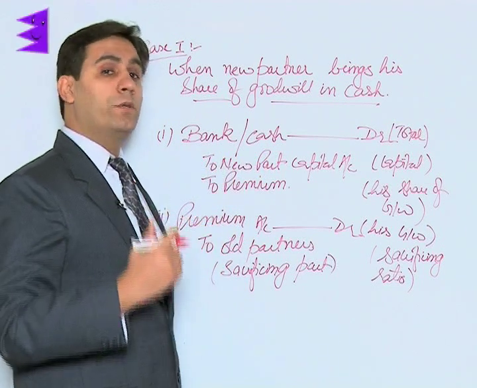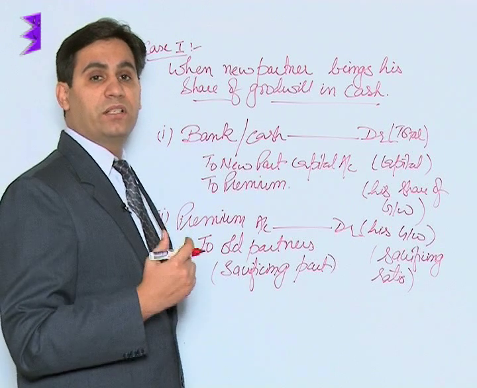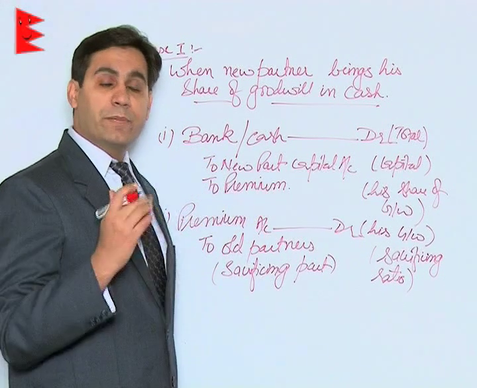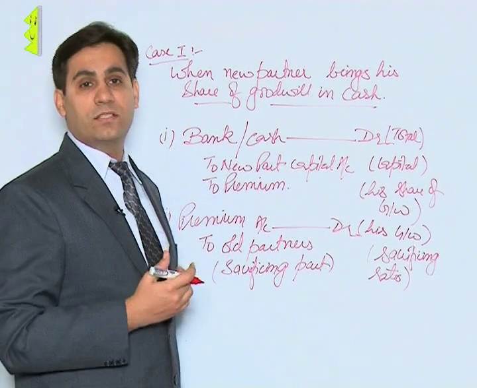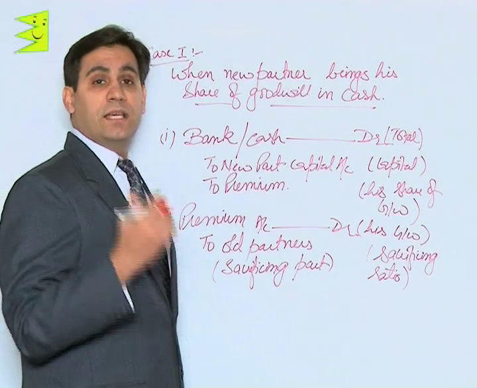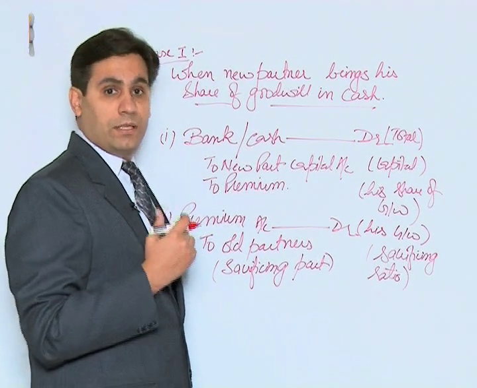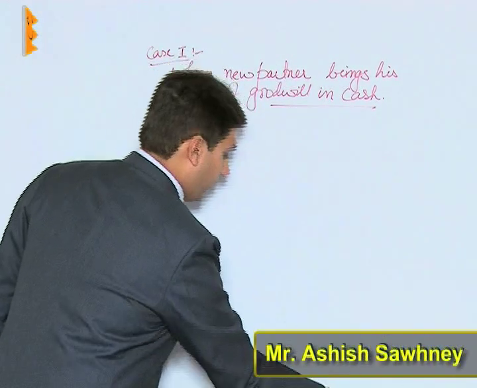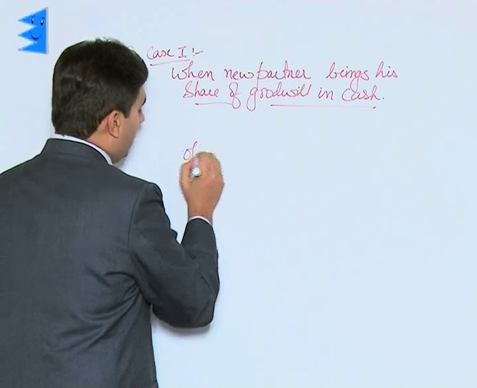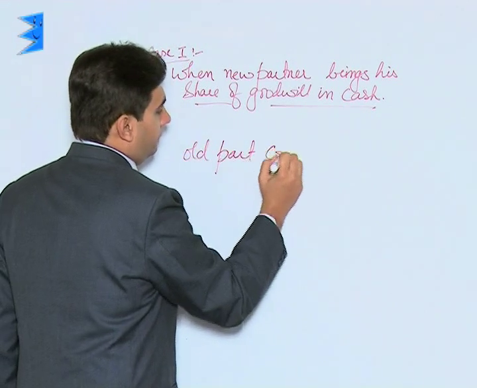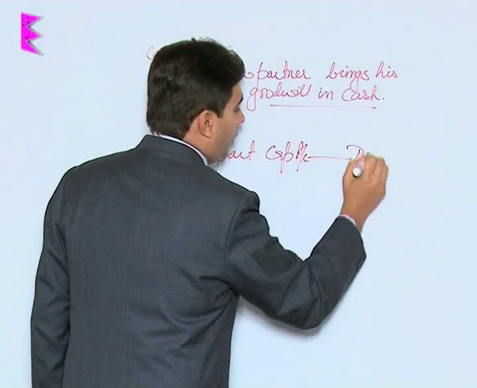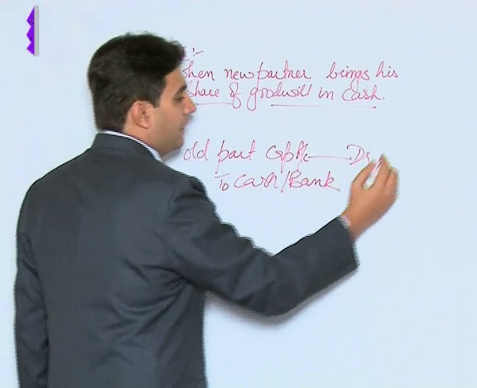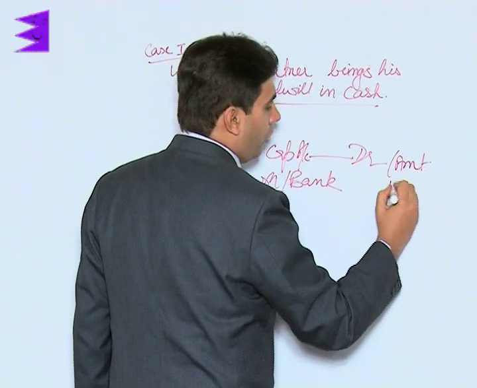Now remember, these are the entries for bringing in the goodwill by the new partner and division of that goodwill. Old partners sometimes also withdraw a certain share of money out of this premium. That is mentioned in the question or is dependent upon case to case basis. So in case they withdraw a certain sum of money, then we can always pass an additional entry, that is, old partners' capital account debited to cash or to bank, and the amount would be the amount withdrawn.